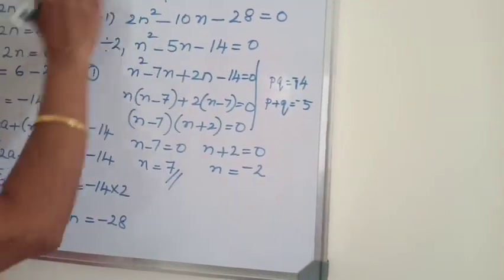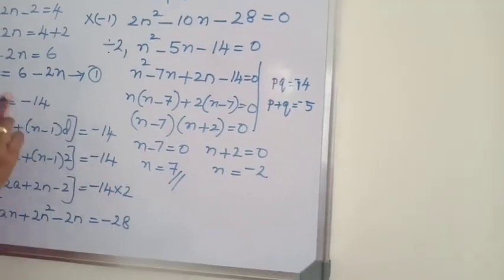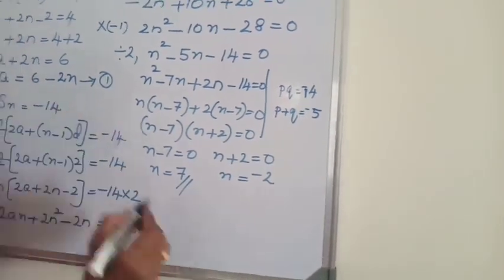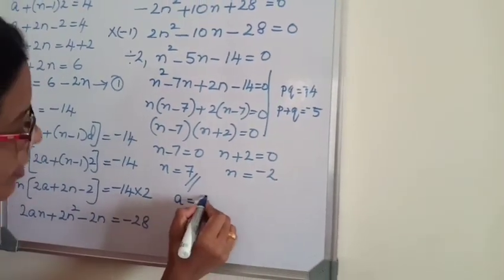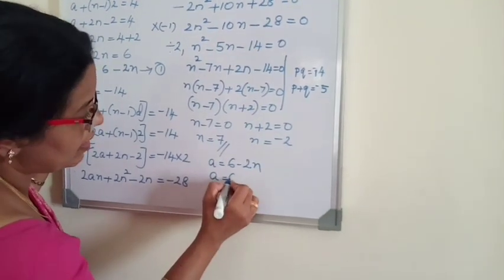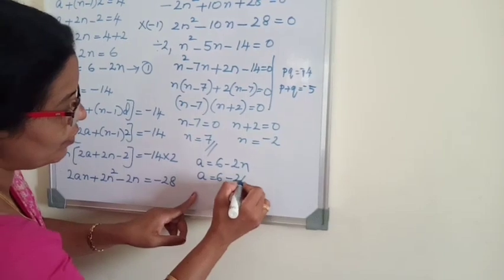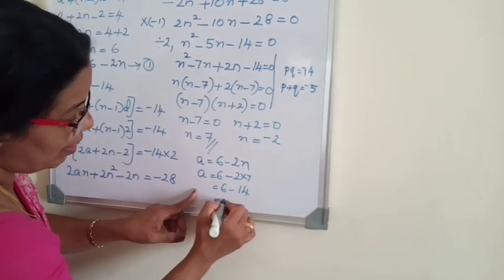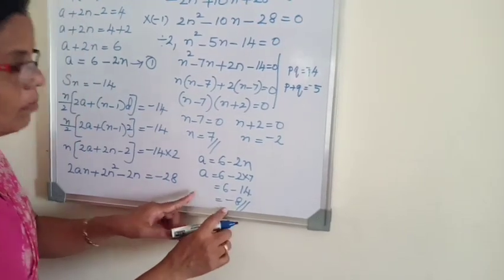We have to find now a. To find a, we can substitute the n value in the first equation. I'll write once again the first equation: a is equal to 6 minus 2n. a equals 6 minus 2 into 7 equals 6 minus 14 equals minus 8. a is minus 8.